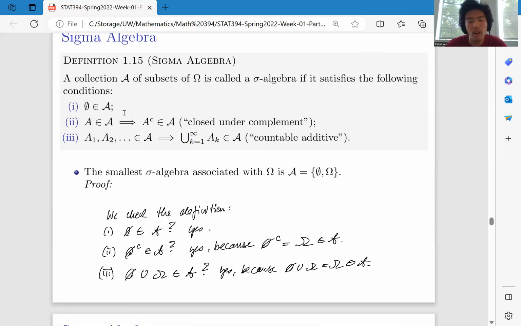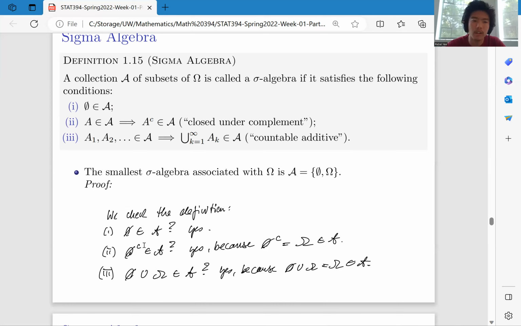So first, let's ask if the empty set is in the fancy A, is that right? Oh yeah, it is in there. So the first property is satisfied. Then we ask if the second property is satisfied. Is that the case?